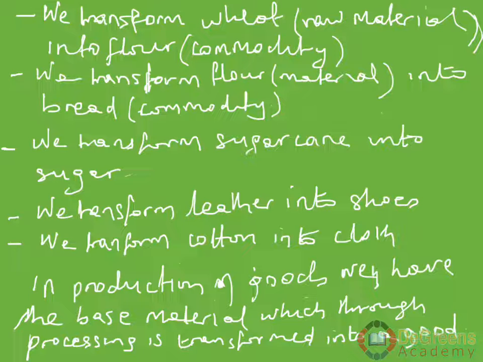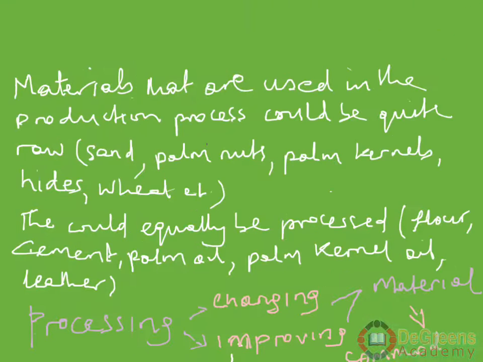So the bread or the biscuits will become the finished product of the commodity now, and the flour will be the raw material. We can transform sugarcane into sugar, leather into shoes, and cotton into cloth. So in the production of goods, we have the base material, which through processing is transformed into a good.